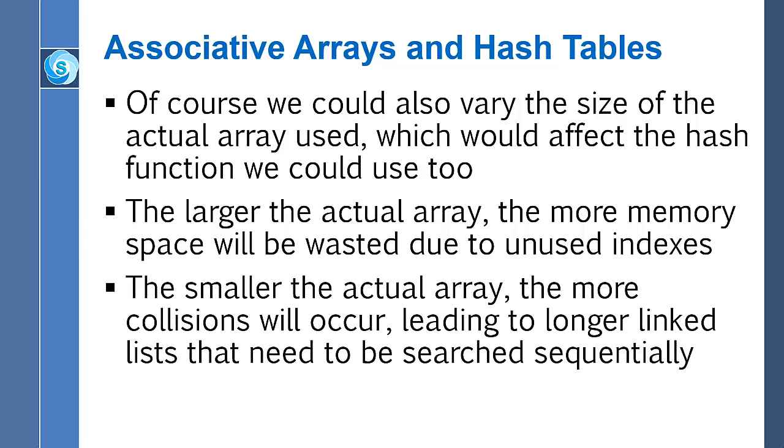And you can see this just as clearly. If you make the array too small, that's going to increase the number of collisions that occur, and therefore each of the linked lists involved will wind up being larger. Let's say, somewhat extreme, suppose we made the size of the array 5.